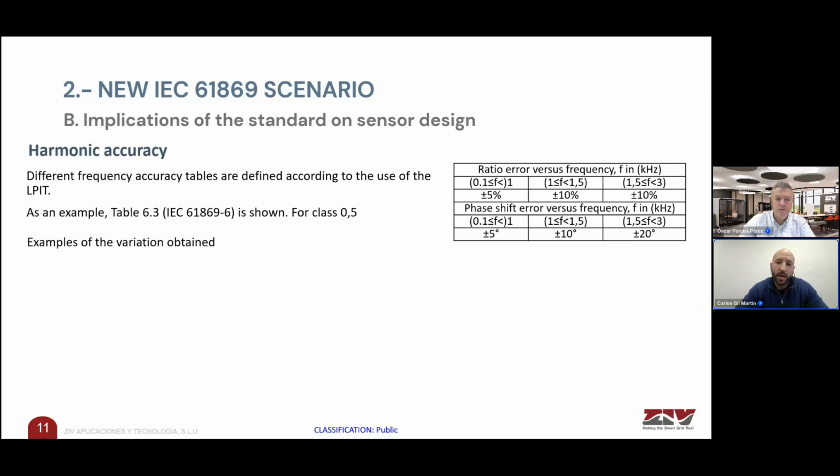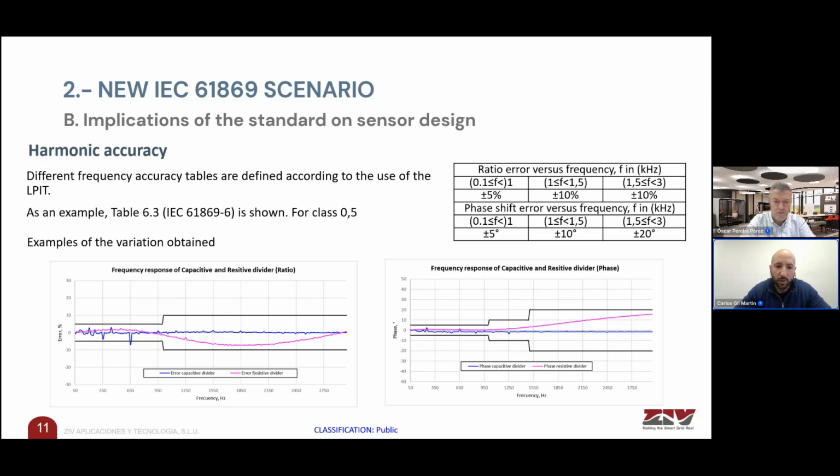We have a wider range that we have to comply with in terms of frequency. Here we can see a comparative example of a capacitive divider and a resistive divider. In the graphics, the left is the ratio error and the right is the phase shift error. We can see that both of them are inside the limits of the table.